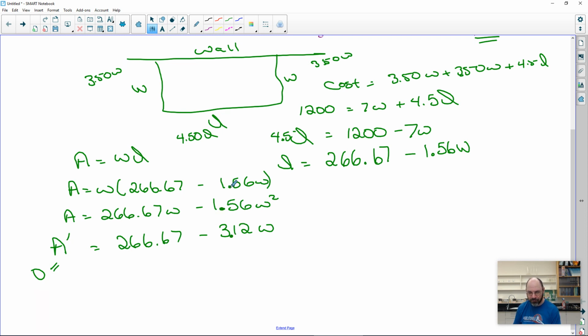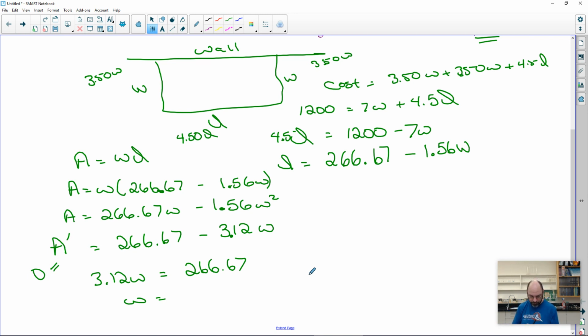Let's put those decimals in there so that we don't get mixed up. So that becomes 3.12 W equals 266.67. Now we're going to divide each side by 3.12 to get what W is.